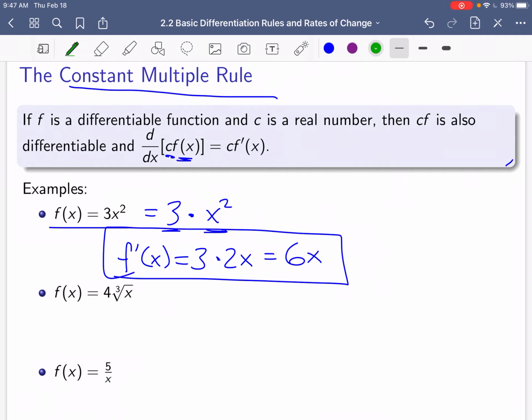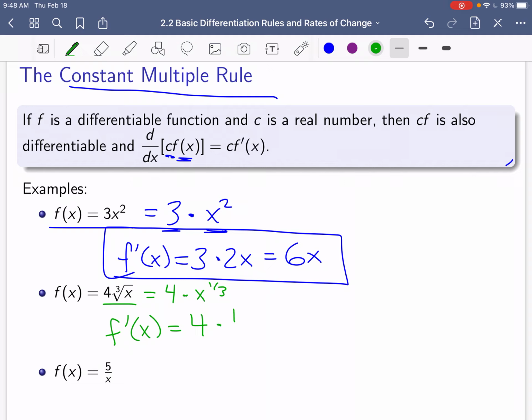Beautiful. If we wanted to take the derivative of 4 times the cube root of x, we could rewrite this first using algebra rules. So this is 4 times x to the 1/3 power, right? So that's how we rewrite cube roots as powers. And so then our derivative, that constant is going to go along for the ride.